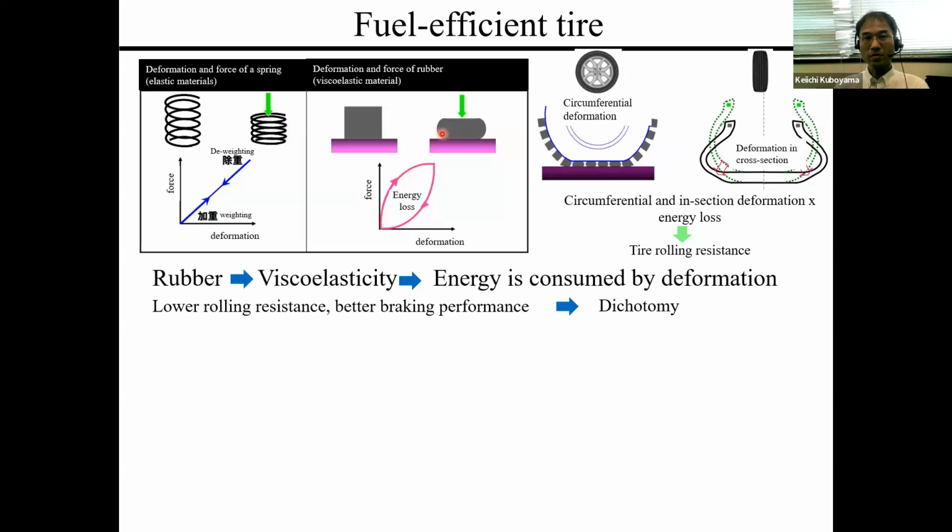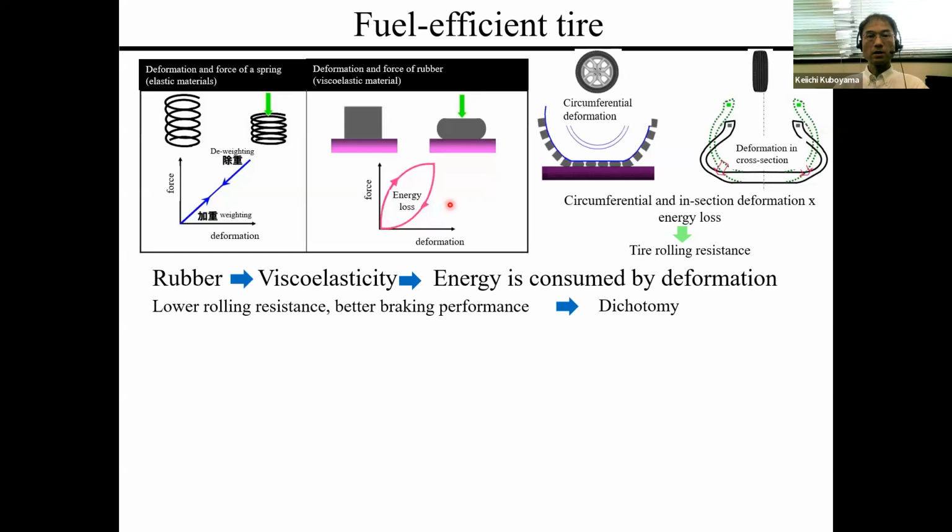So during the deformation, energy loss occurs. When you release the load, it takes a different path, and the load-deformation curve becomes different from the initial one. And this area is energy loss.